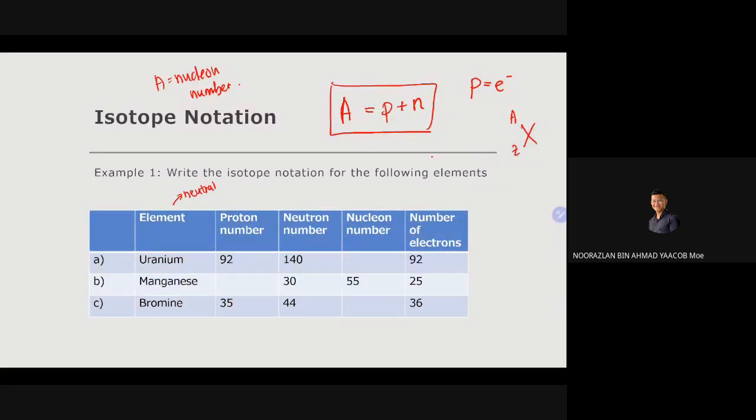Kejap lagi kita discuss. Z itu adalah proton number. Z is proton number.